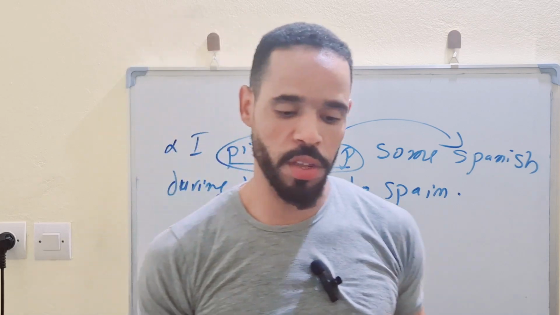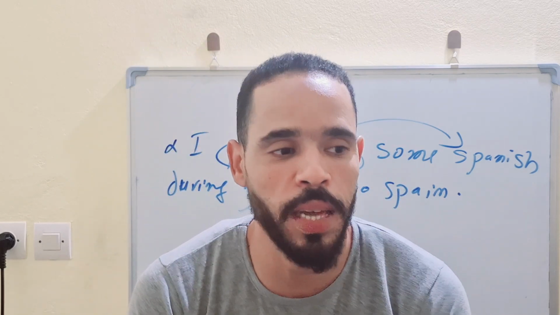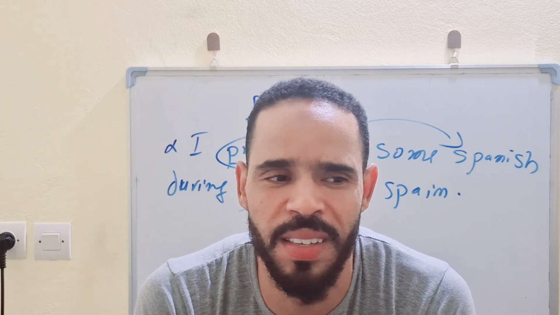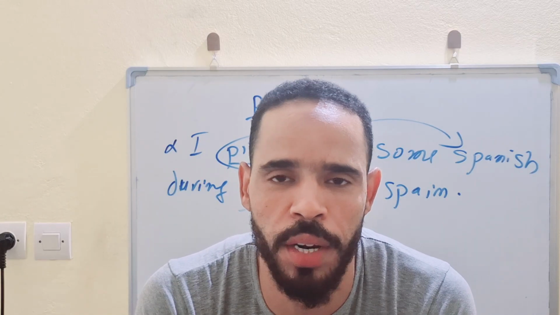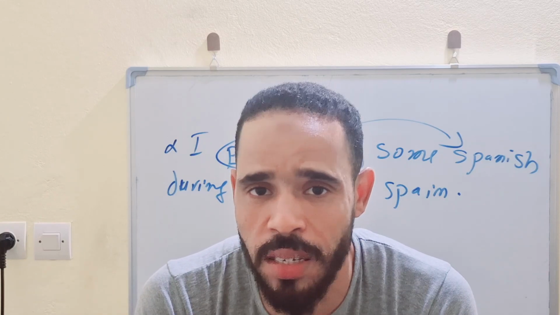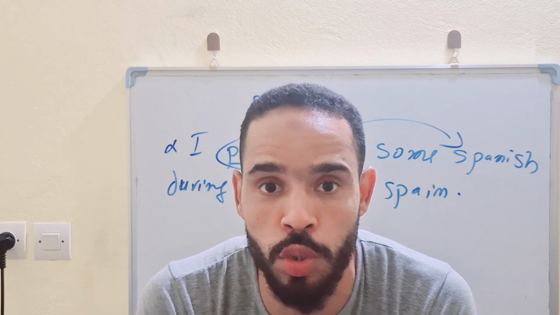Sometimes students learn things in context, in situations, but the problem is that they only put things in one single situation, and this is a very limited way of learning. I don't want you to put things in one single situation. This is not enough. I would like you to see it in multiple different situations.